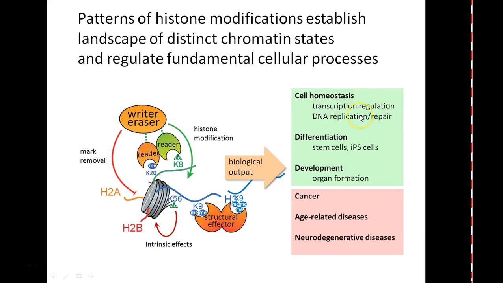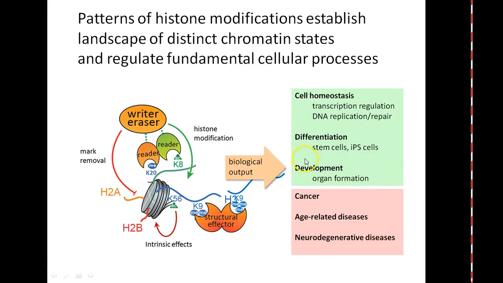It's very important for proper regulation of DNA templated processes, DNA transcription, DNA replication, DNA repair. It's very important to regulate cell differentiation. It's very important in stem cells, also in the induced pluripotent stem cells.